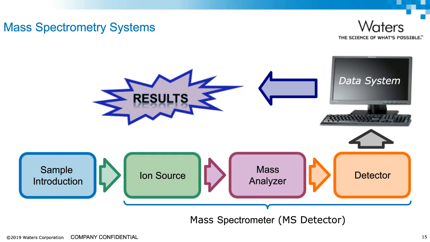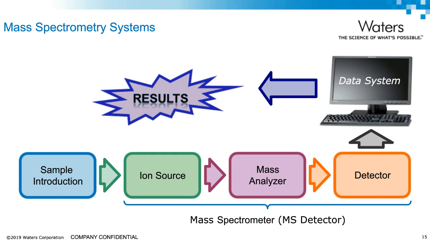Finally, there is the data system, which acquires the data from the mass spectrometer, processes it, and generates results. We will be focused on the ion source in this webinar, and part 2 of the series will look at mass analyzers and detectors.